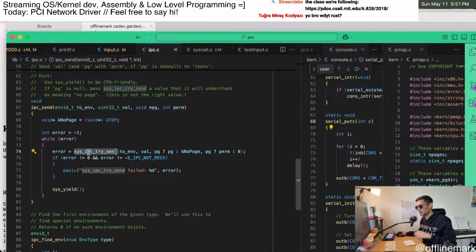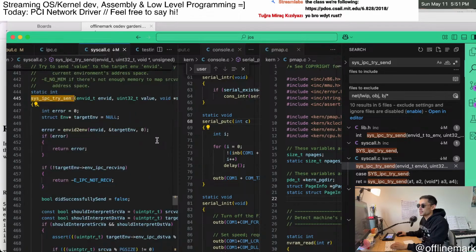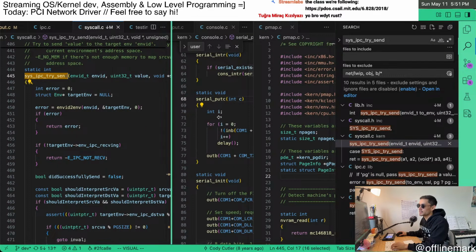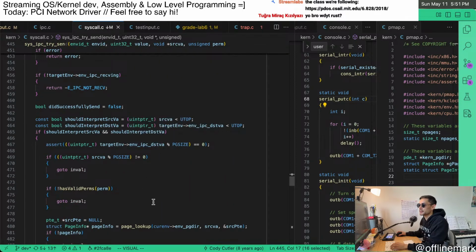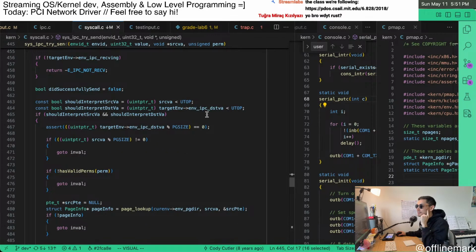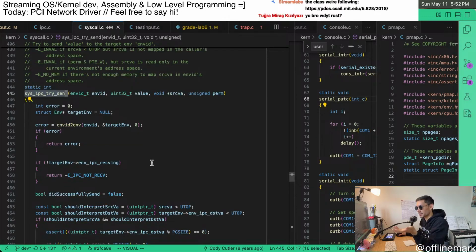Let's look into the sys try send. So here's the implementation on the kernel side. Basically, what are we searching for? We're trying to see, does this call block? I think it does not.